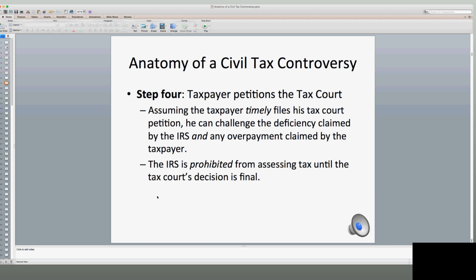So if the taxpayer timely files his petition, he can challenge the deficiency claimed by the IRS and any overpayment claimed by the taxpayer. The IRS is barred from assessing tax until the tax court's decision is final. We're going to shortly get into what is meant by an assessment, because an assessment is another very specific legal term of art.